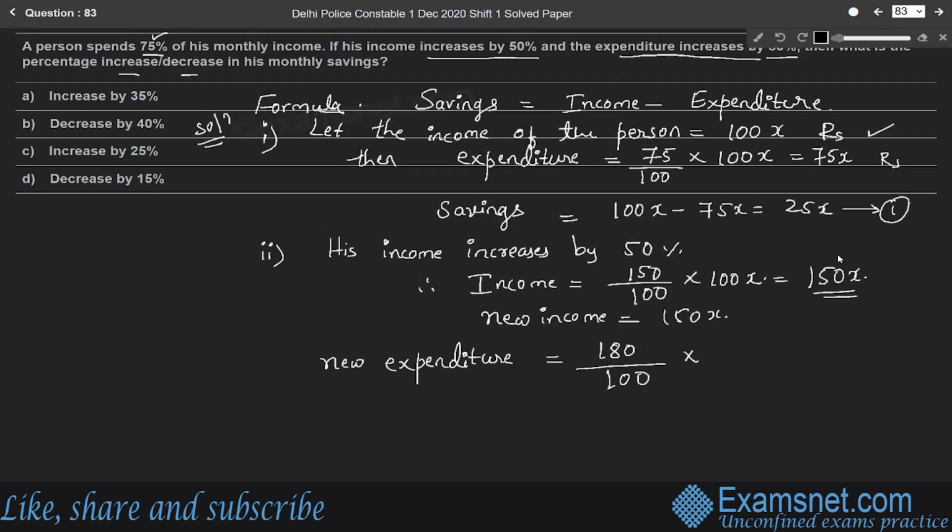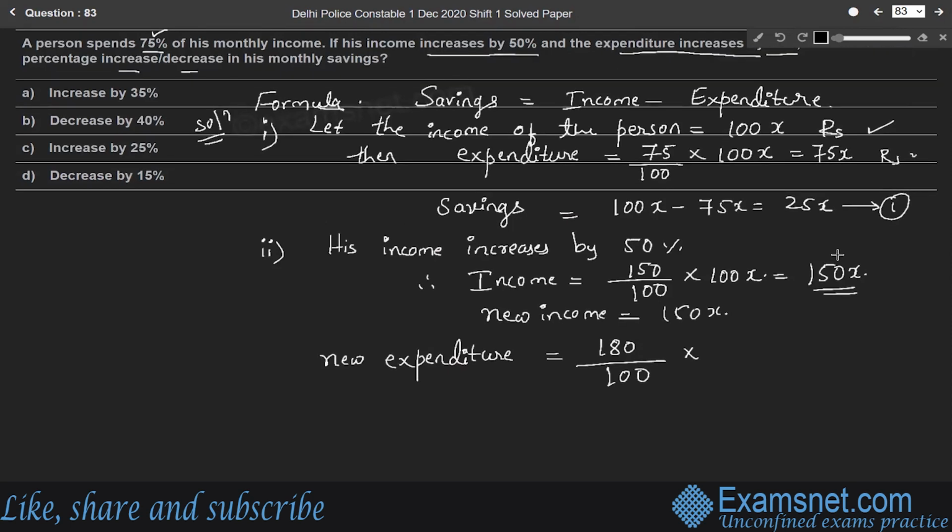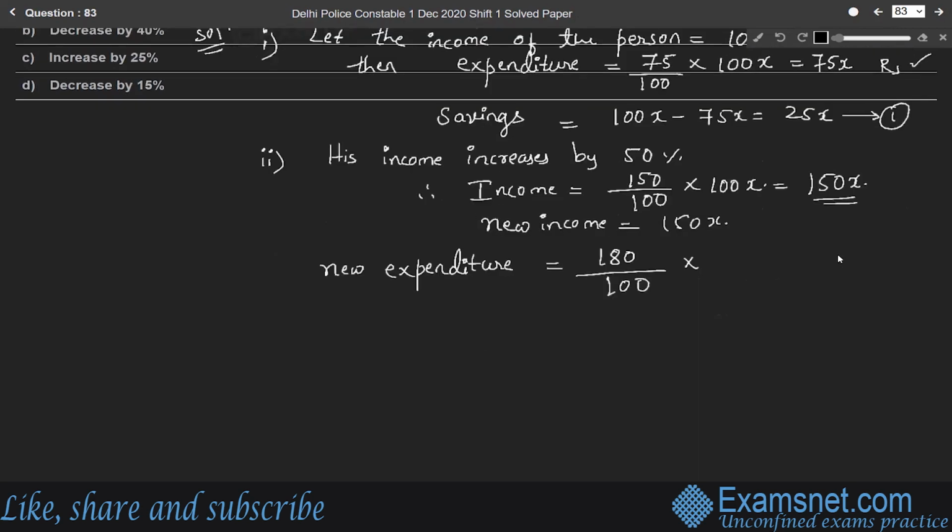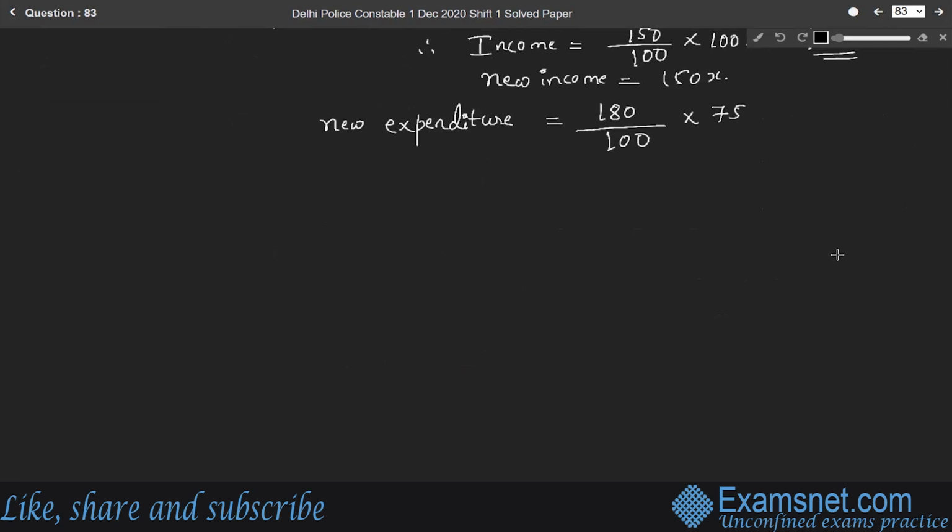Therefore, expenditure is 75x in the earlier case. For 75x, the new expenditure becomes 135x.